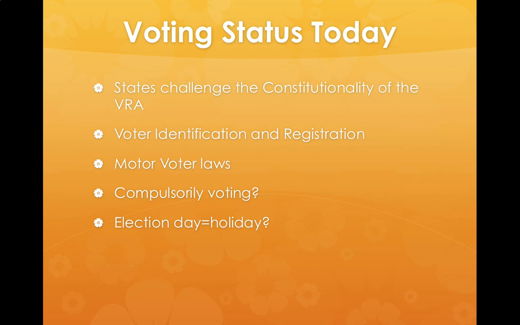Some people have also argued that it is discriminatory, however, because poor people are less likely to have a state-issued ID card, especially poor people living in urban areas. If you're poor and you live in Chicago, there's a good chance you don't own a car because you don't need to. There's public transportation, so you wouldn't have a state-issued ID card, which means if you tried to register to vote, you would not be able to vote.